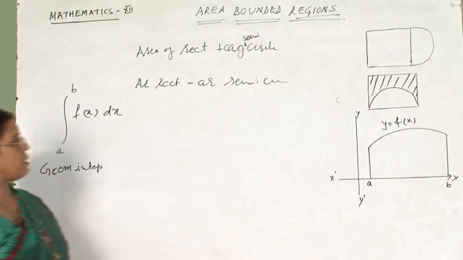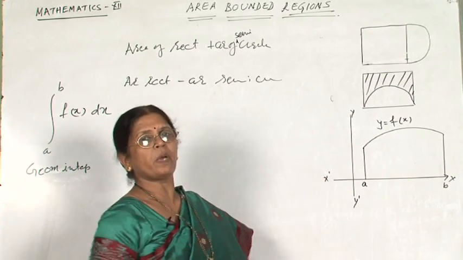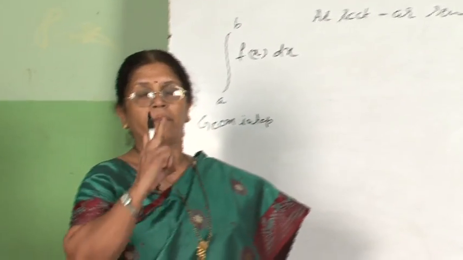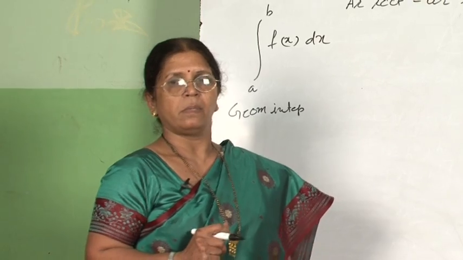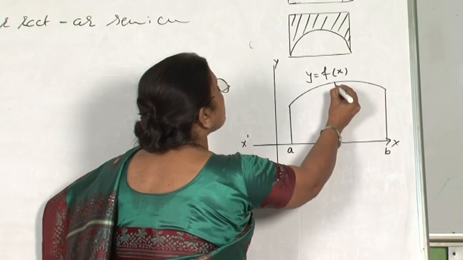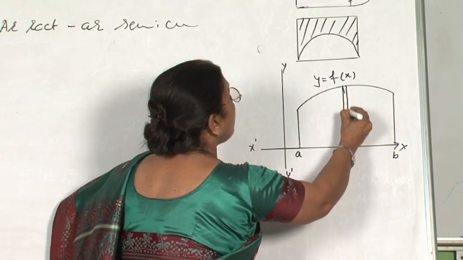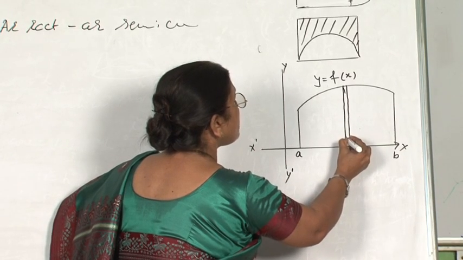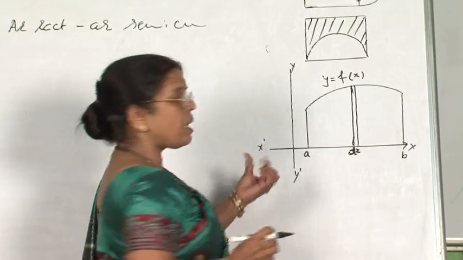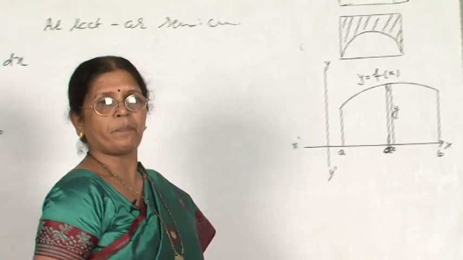Now, let us consider that this enclosed figure is made of a large number of thin vertical strips. And now, let us consider a strip which is parallel to y axis, and thickness of this strip is dx, because this strip is very thin, and length of this strip is y.